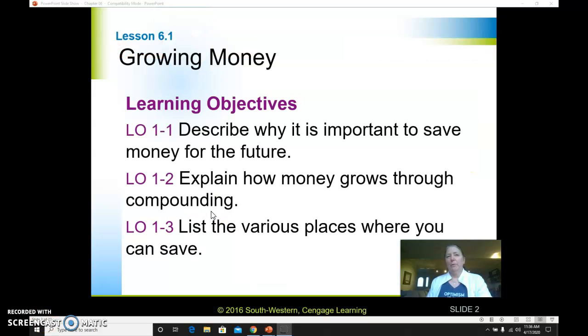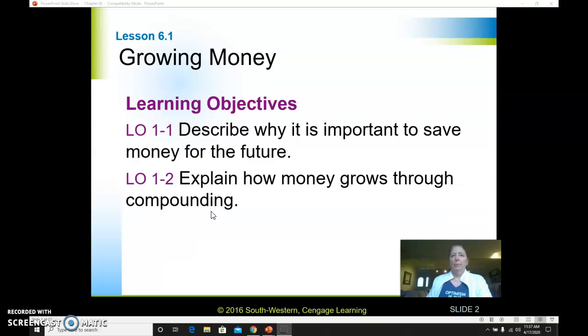So there are really two important objectives related to that I want to talk about. And we'll spend most of our time on the second one. But the first one is, why is it important to save? And without going through all those slides, I hope it is obvious that it is important to save to have security and peace of mind and the ability to pay for short-term as well as long-term needs.